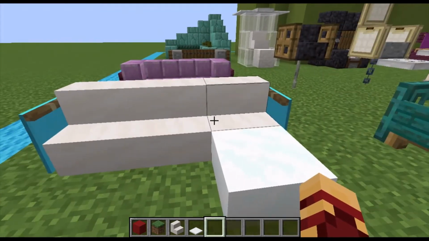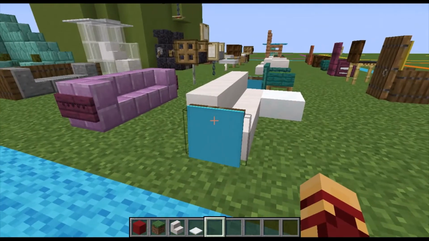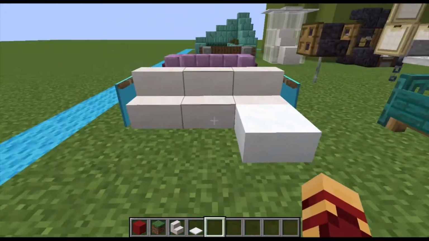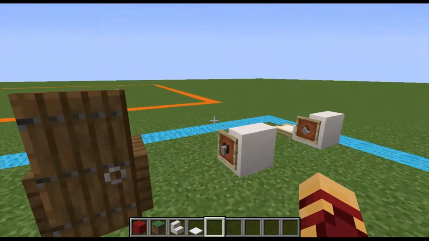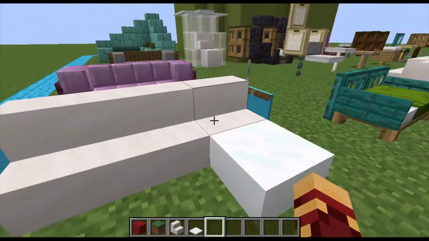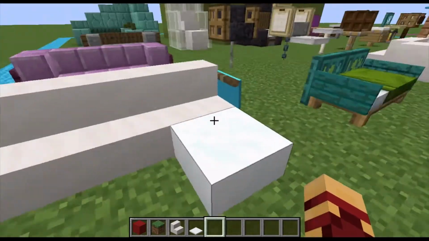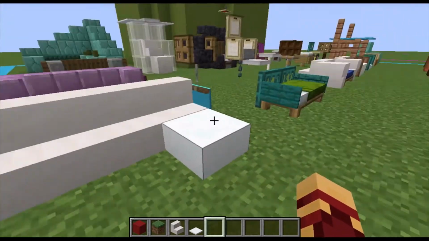Chair or couch, they usually need armrests. What does Minecraft have? Just look at the blocks and see what it has that you can use. So you could use signs, you can use item frames, you can use even banners. And again, here's my stairs, and again, more snow for like kind of a lounge sectional, which is really nice.